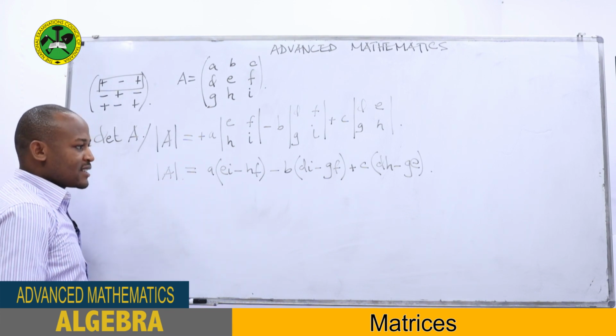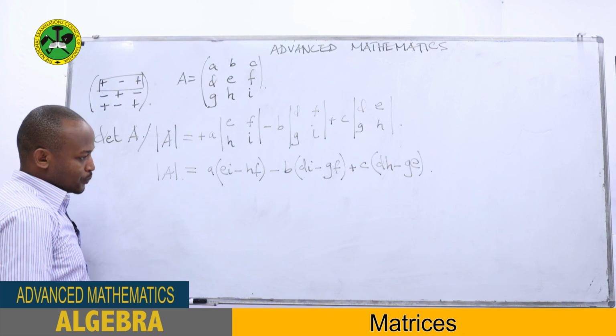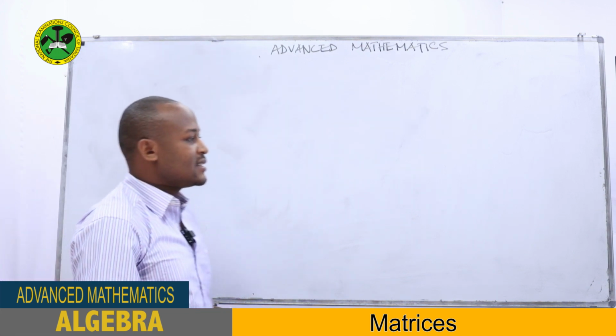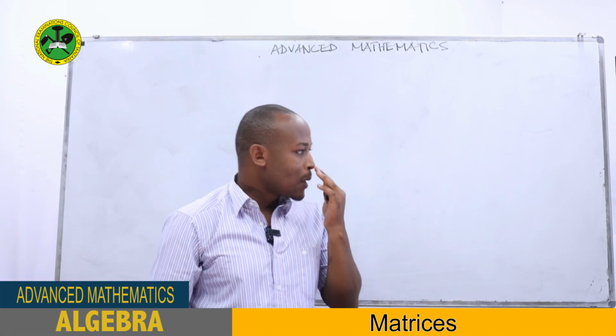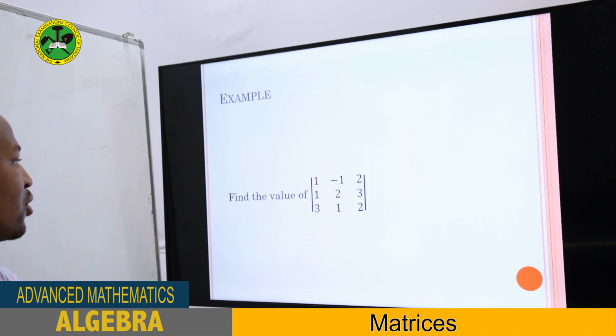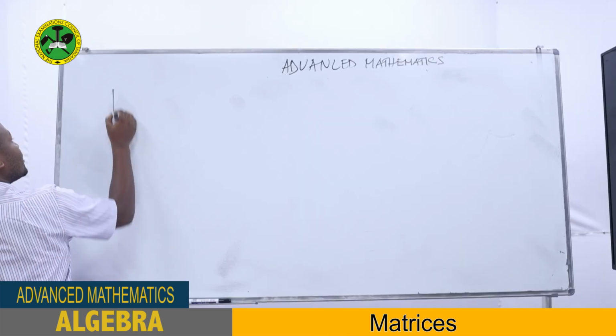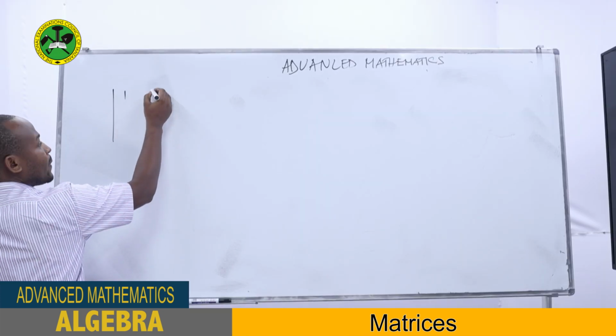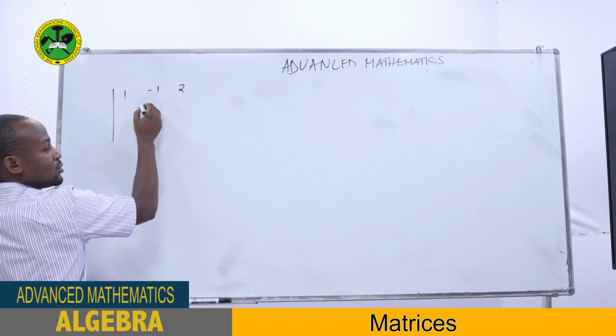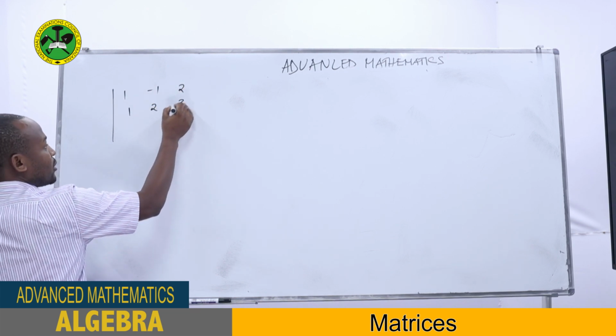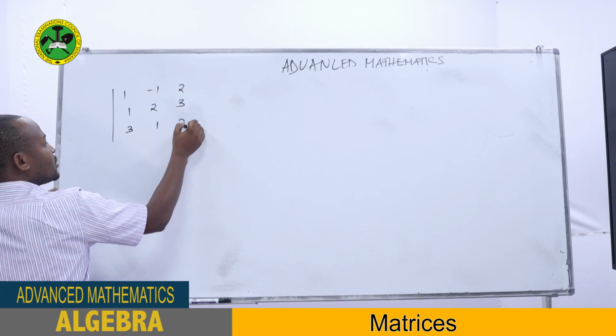Now let's see an example. Example number one says, find the value of the determinant with rows 1, negative 1, 2; 1, 2, 3; 3, 1, 2.